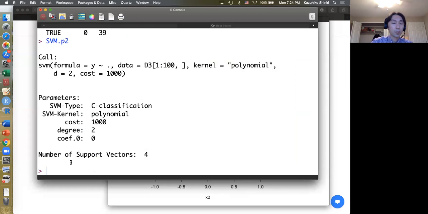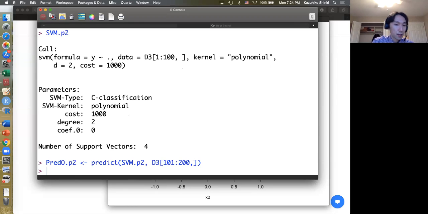So we want to try the test error. We want to compare the test error. To compare test error, maybe predict. We can still use the predict function with SVM-P2, then we can just change the data set. Then table.